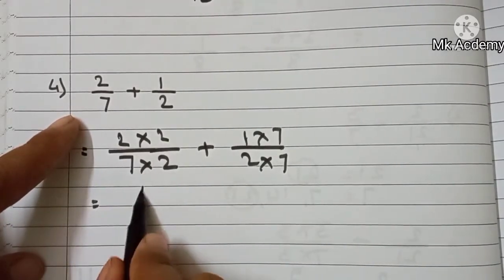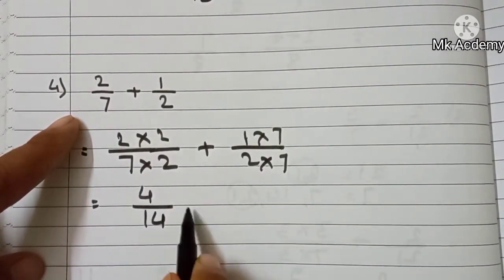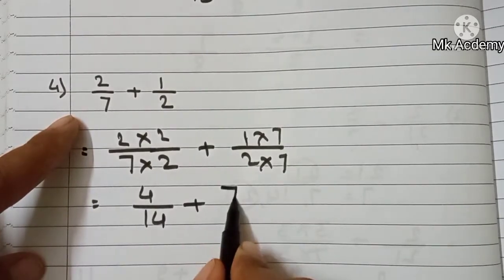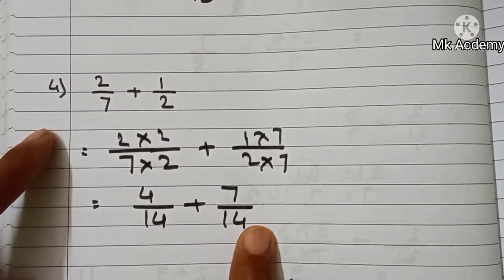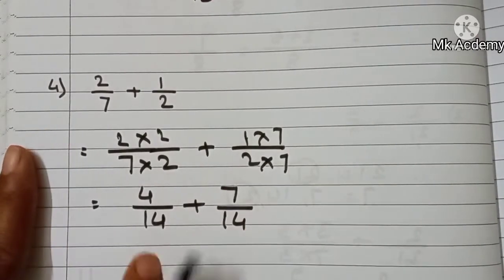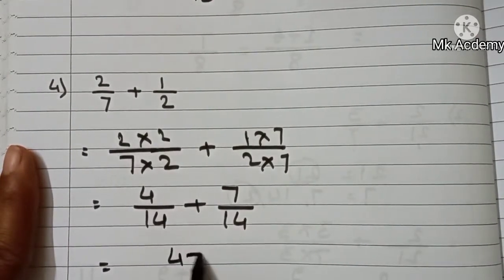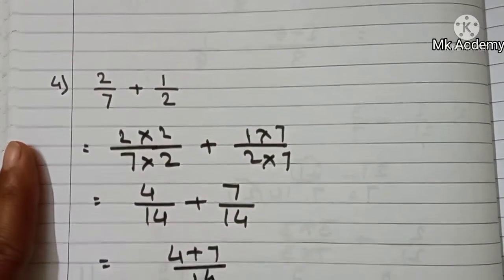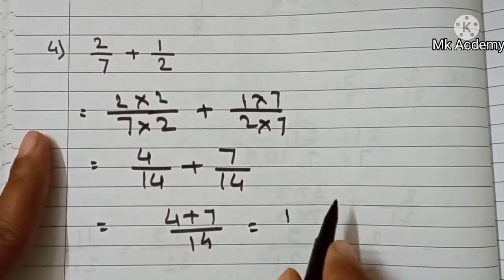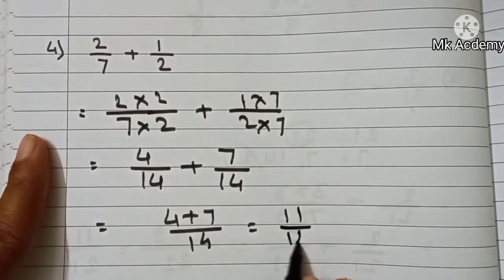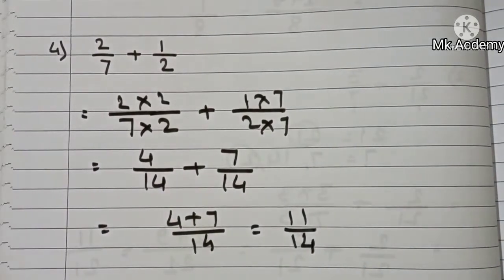Then we get 2 twos are 4, 7 twos are 14, plus 7 ones are 7, 7 twos are 14. Now see, denominators are same, then do addition. 4 plus 7 upon 14 is equal to 11 upon 14.